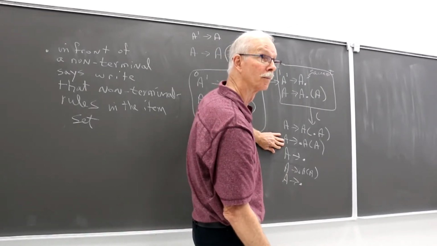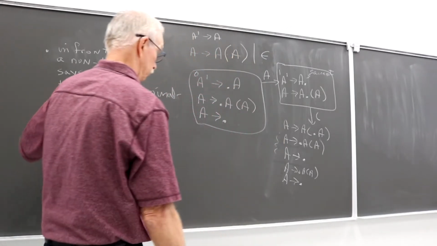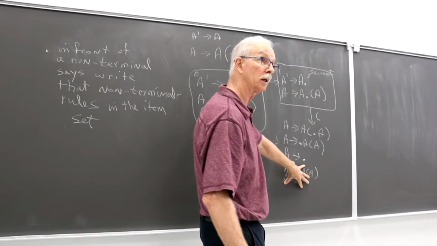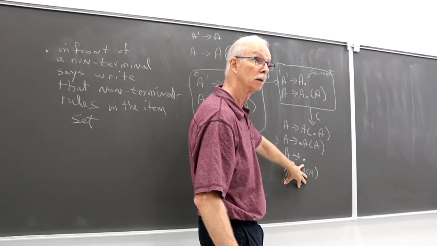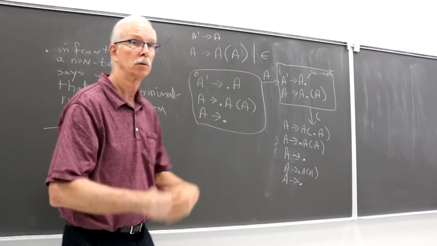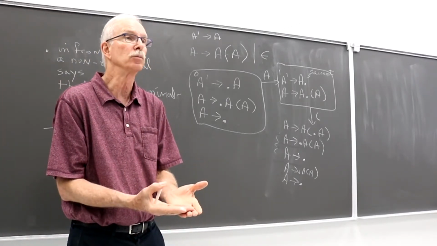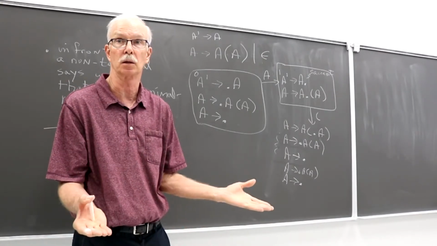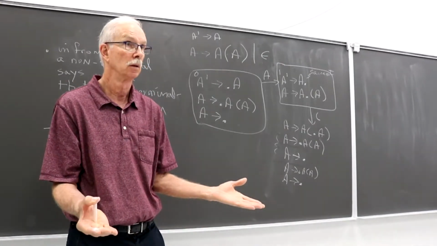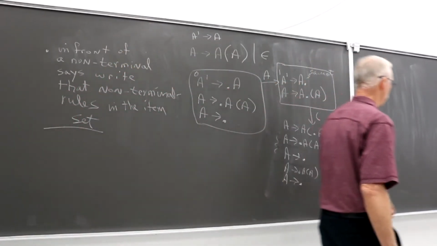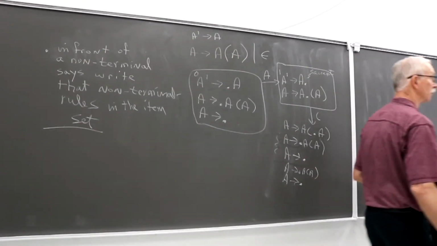If this goes back up to the original grammar, it's still identical. It's an item set. Writing duplicate items in a set doesn't buy you anything, so we don't gain anything by writing all of that again.